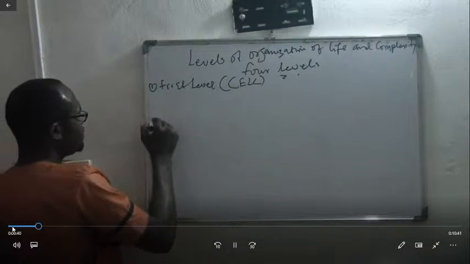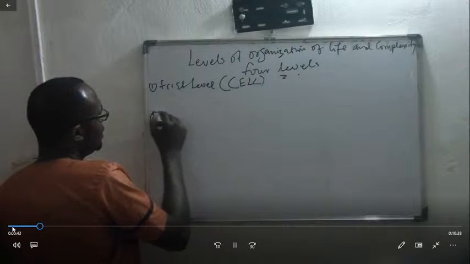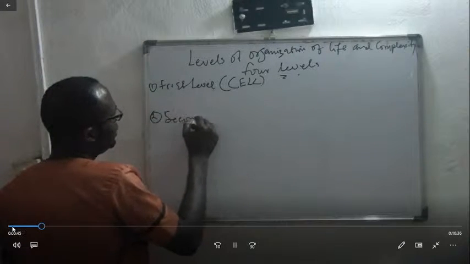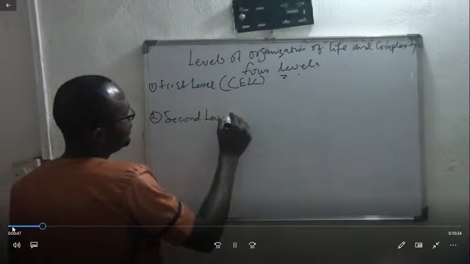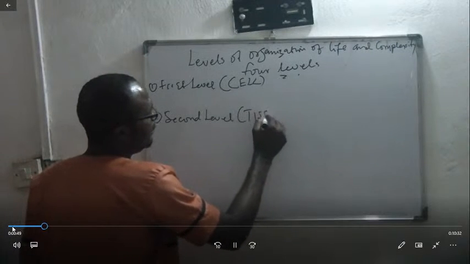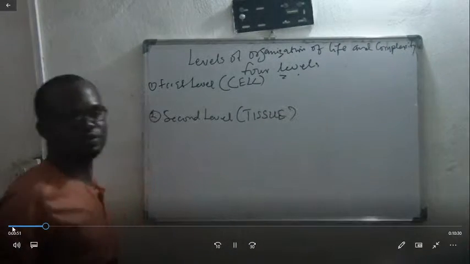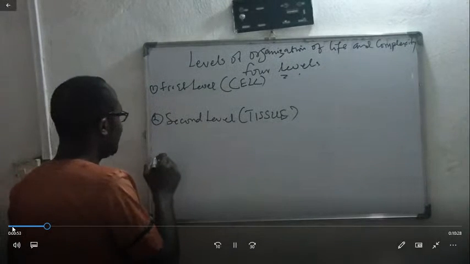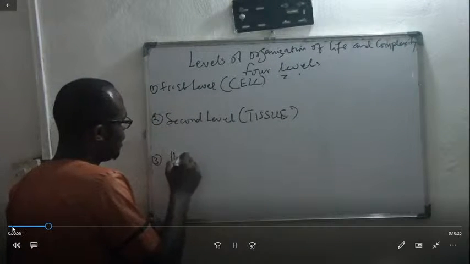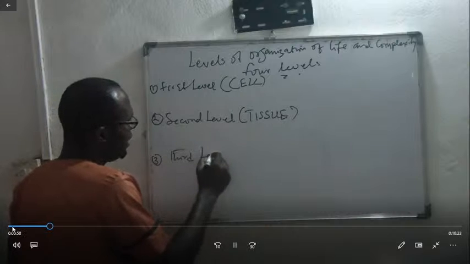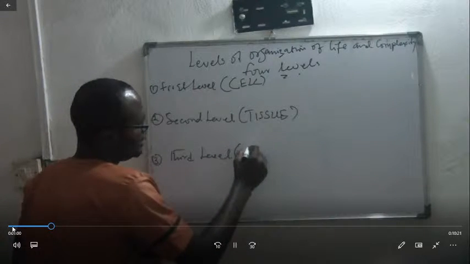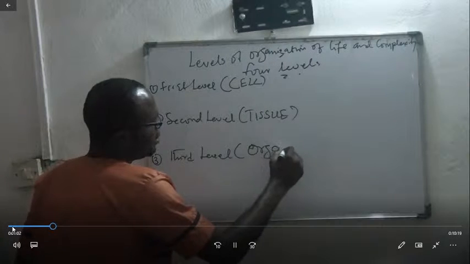Number 2 is what we call the second level. And this number 2 level is the word tissue. Number 3 is what we call the third level. And this level is known as the word organ.